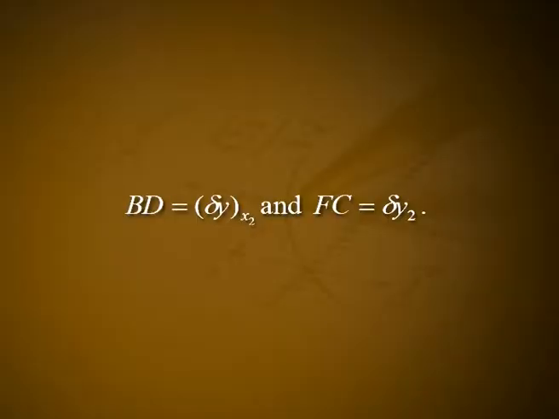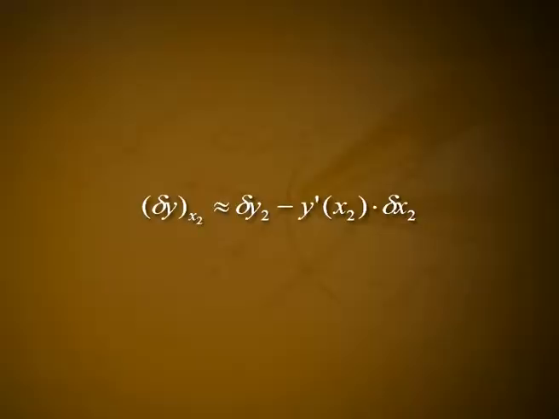It is evident from figure 2 that BD is equal to delta y at x2 and FC is equal to delta y2. Further, EC is equal to y'(x2) into delta x2, and hence BD equals FC minus EC, which gives delta y at x2 approximately equal to delta y2 minus y'(x2) into delta x2.